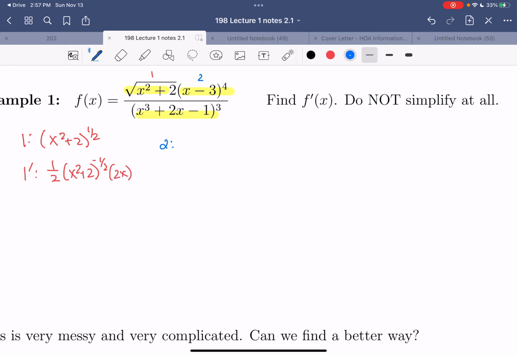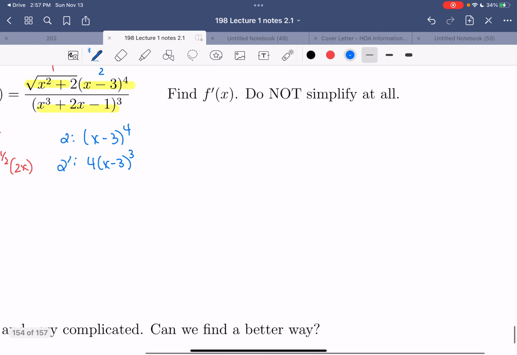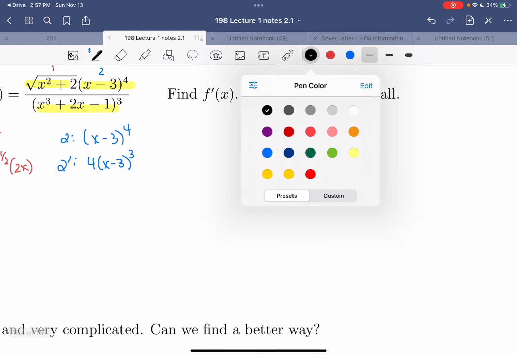Function 2 is x minus 3 to the 4th, and its derivative is 4 times x minus 3 cubed. The derivative of the inside is 1, so I don't need it. Now, I'm not even going to multiply this out yet because what I really need that for is when I do my tops and bottoms for the quotient rule. The major thing here is that it's being divided.